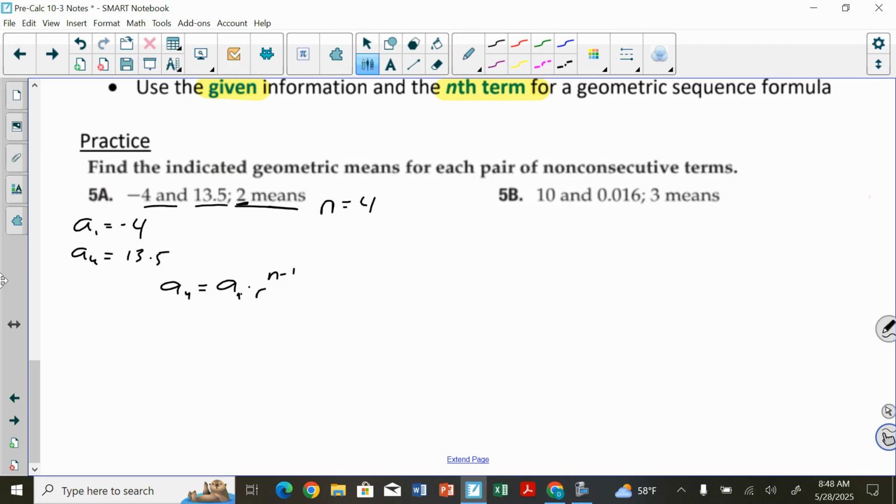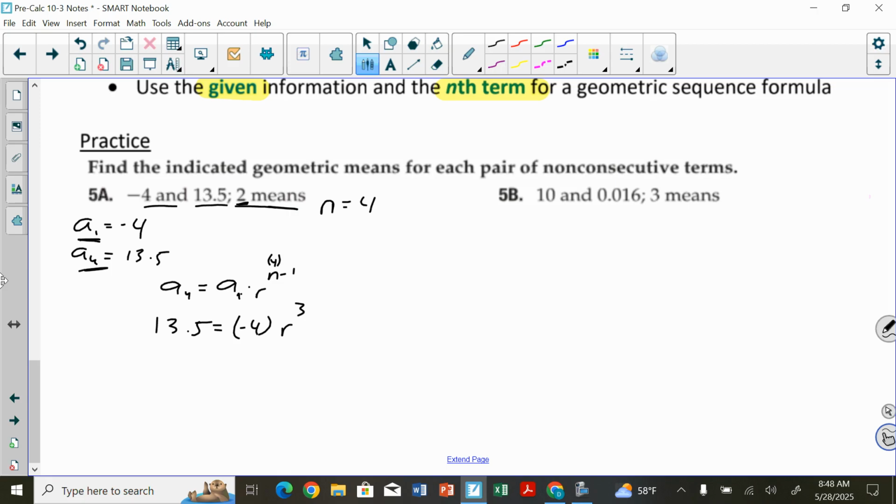Okay, so let's plug in the values I know. I know that A sub 4 is 13.5, so I can plug that in on the left-hand side. And then -4 is my A1, because I found that also. I just don't know my R, and it's going to be R to the 4 minus 1 power. We know that n is 4. So R to the 3rd power.